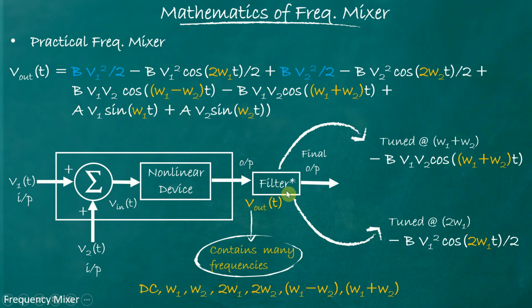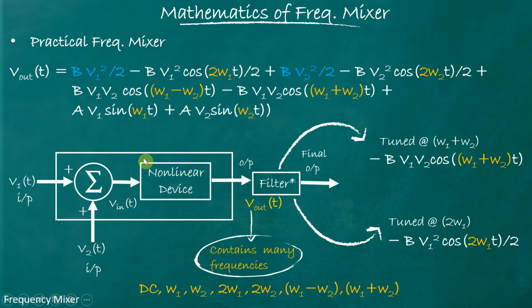Similarly, if this filter is tuned to allow only the twice omega 1 frequency component, the final output will have minus b v1 square cos 2 omega 1t divided by 2. So this way, by using an appropriate filter, the final frequency components will be decided, right?